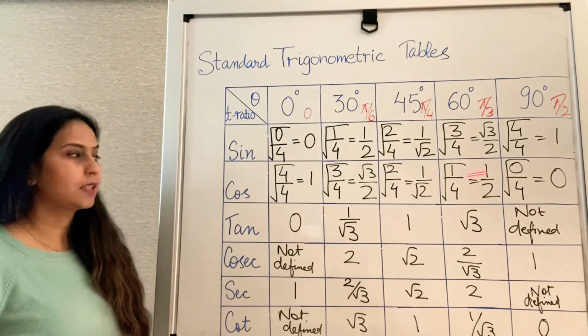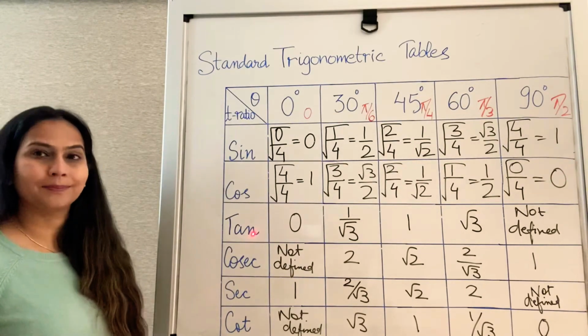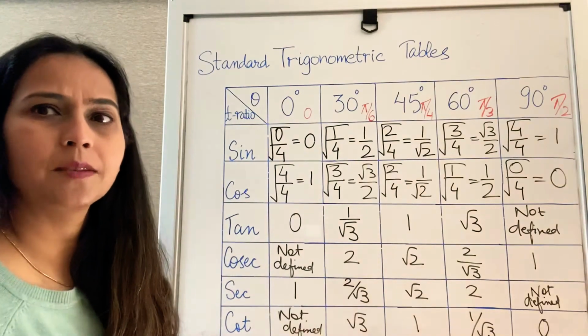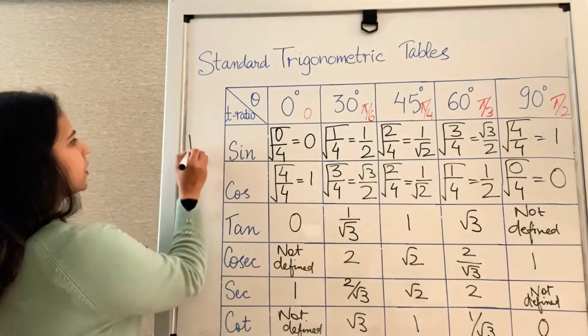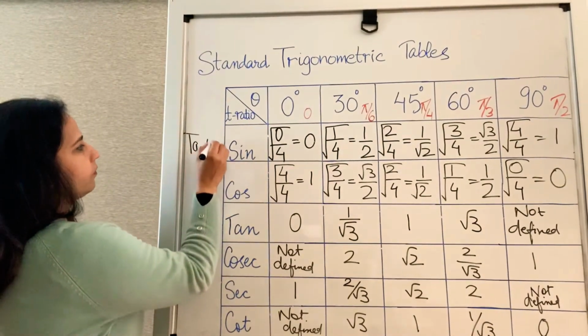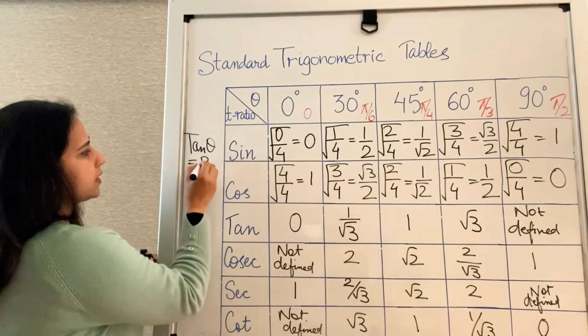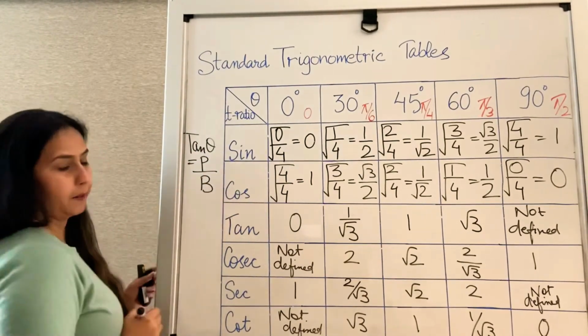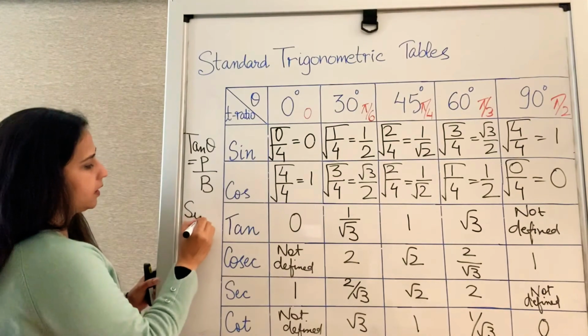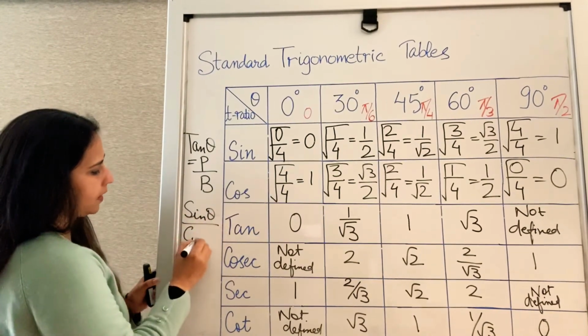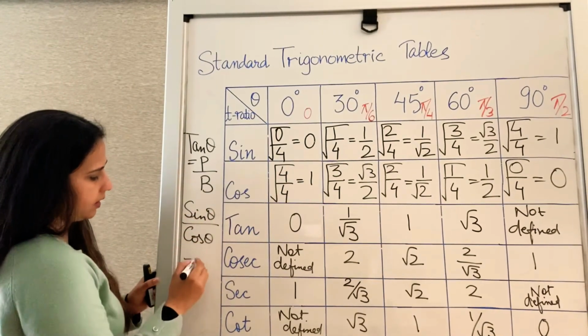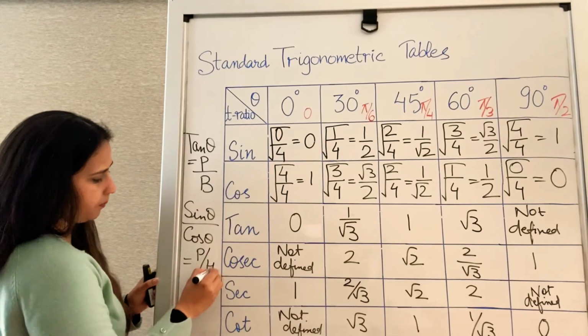And then tangent theta is sine theta over cos theta. Let me just tell you how. Because tangent theta, we know, is perpendicular over base. Now, if we write sine theta over cos theta, what is that? Sine theta we know is perpendicular over hypotenuse.